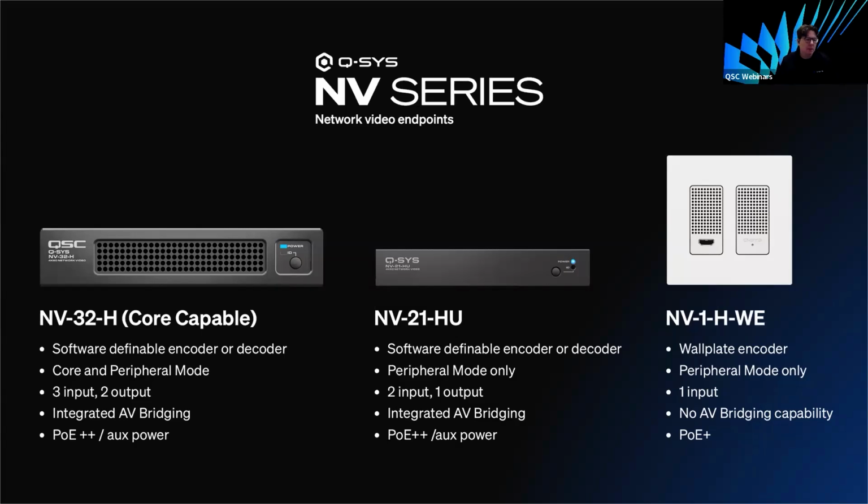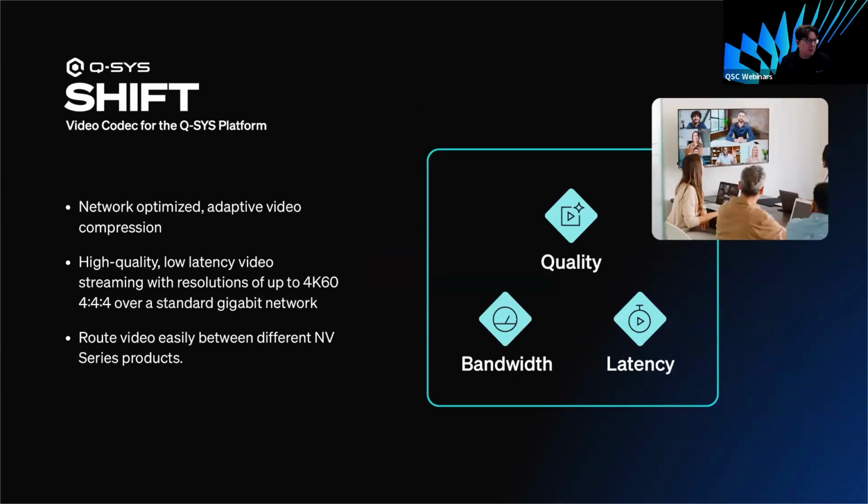All of the NV products use Shift as the codec, so the video codec. Shift is a proprietary codec, but it has a couple of things that it does really well. One, it actually optimizes the compression algorithm. So it's an adaptive algorithm based on the content that you're putting through it.